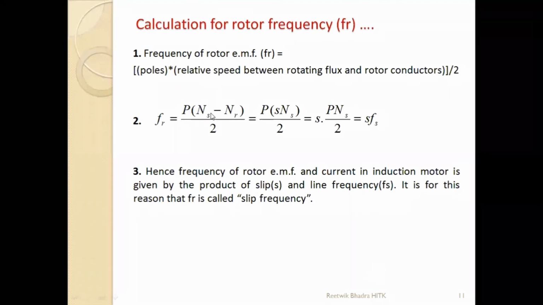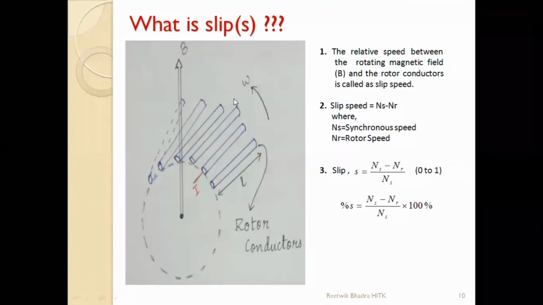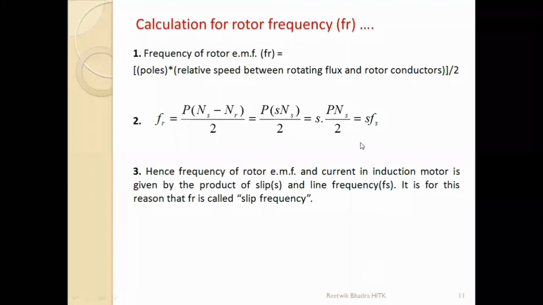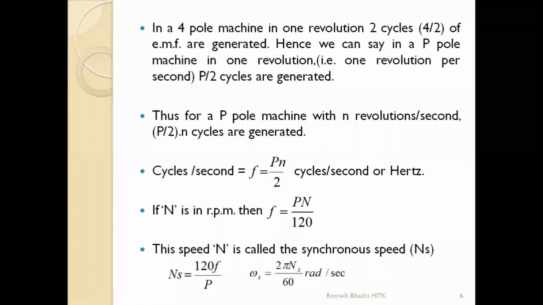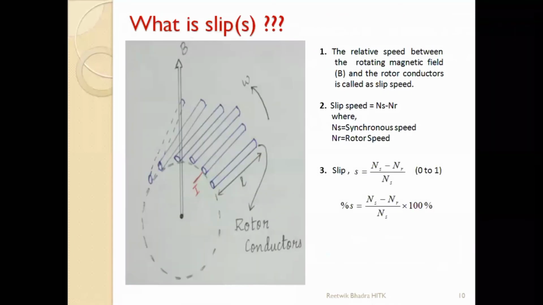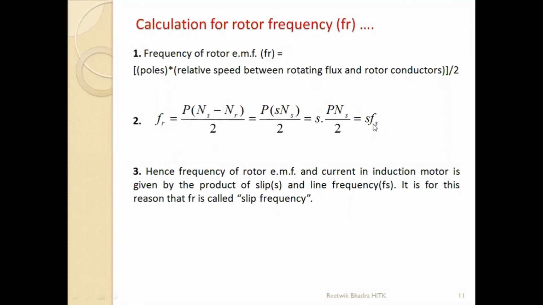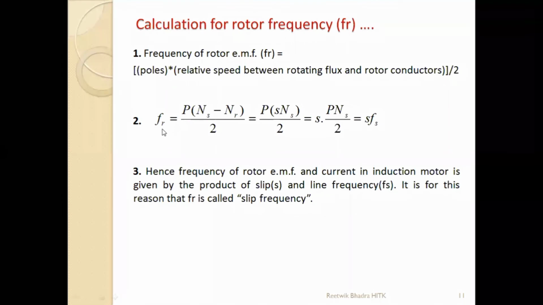Can I write ns minus nr as s into ns? So taking s outside, we get p into ns by 120, which is nothing but your supply frequency fs. So fr is equal to s into fs.